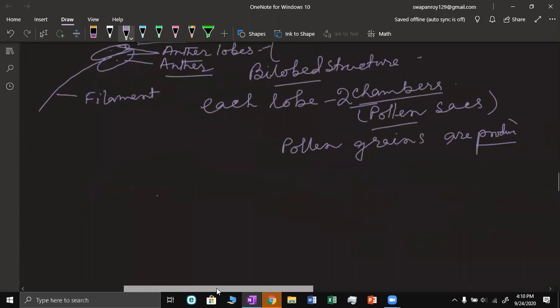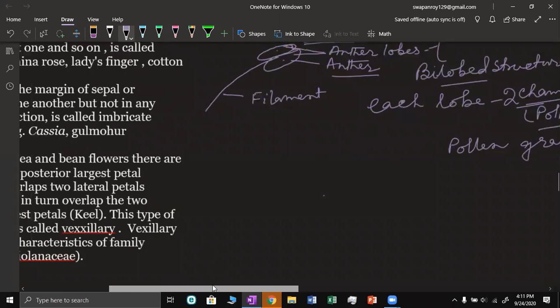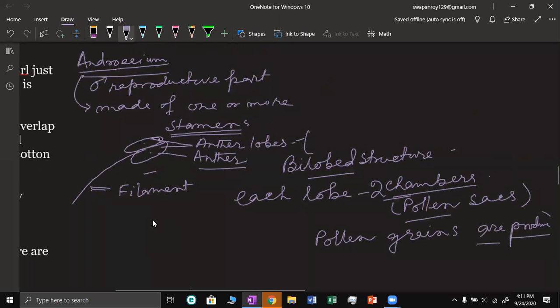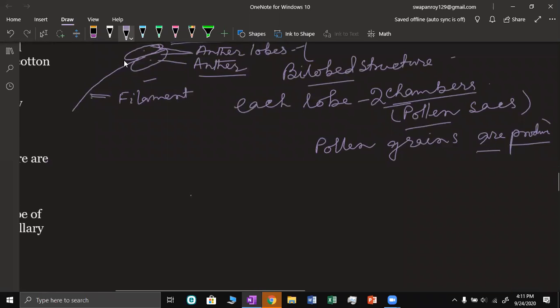Pollen grains are produced within the pollen sac. So there are 4 pollen sacs in the anther, and this filament. Now these stamens, usually they are free from each other.